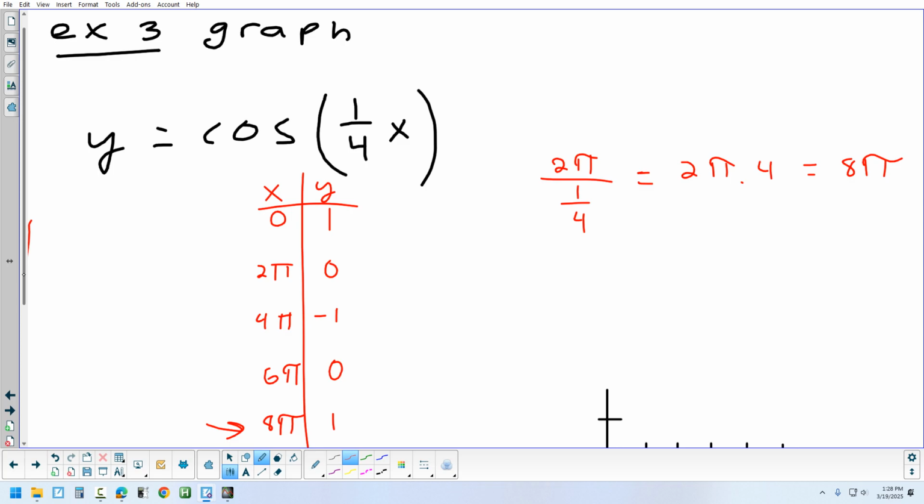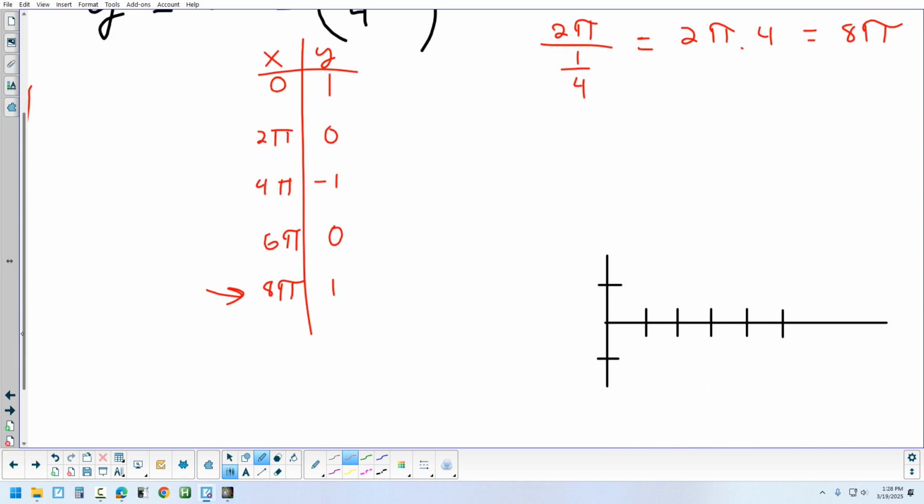Now this graph stretched 4 times as big. When I sketch it the way I've been doing it, is it going to look 4 times as big? Why not? Because you're changing the scale. I'm going to change my scale because I don't want to stretch it 4 times as big. So this is going to be 0, and that is normally our whole graph.